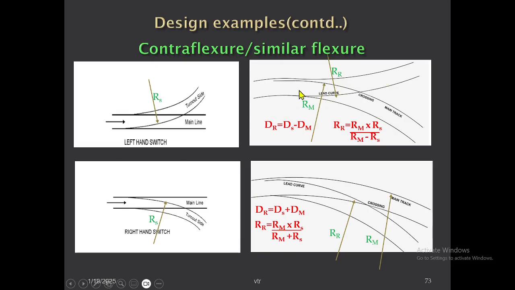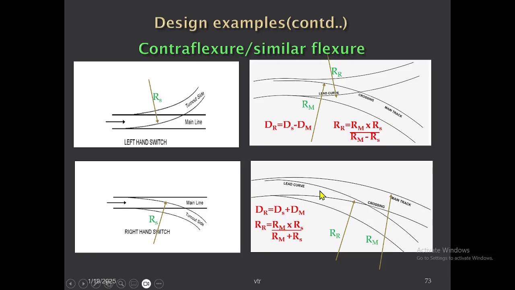Then we can check how much superelevation we can give to the main line. This is the way. Normally we assume the same curvature, and the branch will continue further. Now, in case of similar flexure, you have to understand it is different. Since it is bending in the same direction, the resultant degree will be Ds plus Dm.